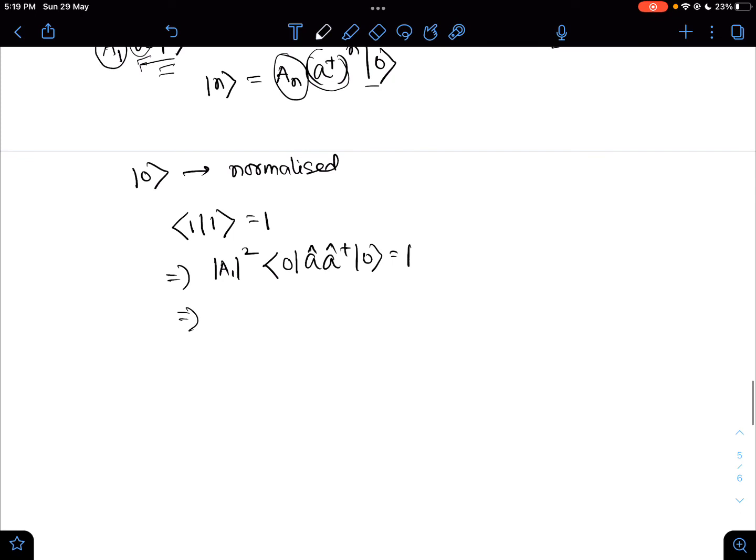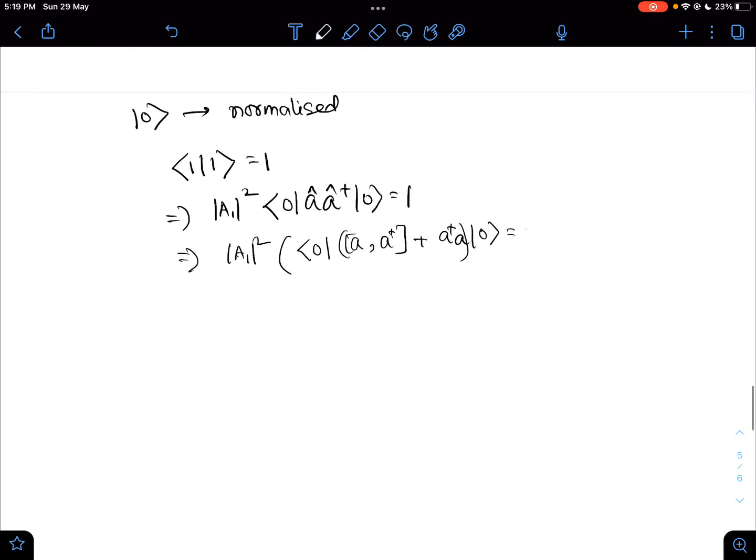If we do the calculation, A A dagger can be written as the commutator plus A dagger A. We are only using our commutation relation which we got previously.